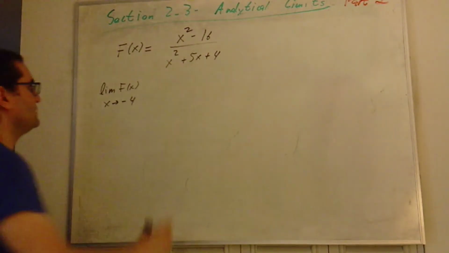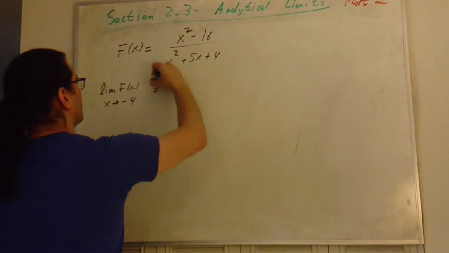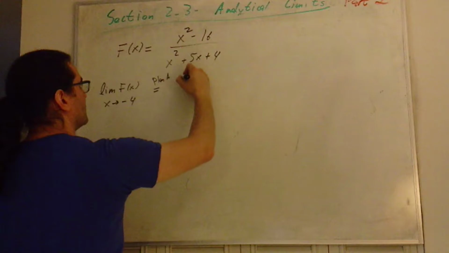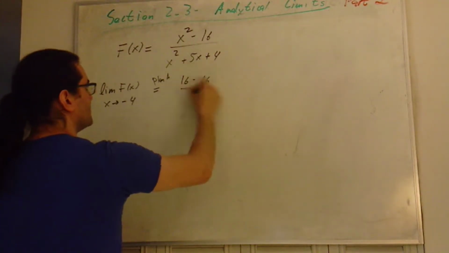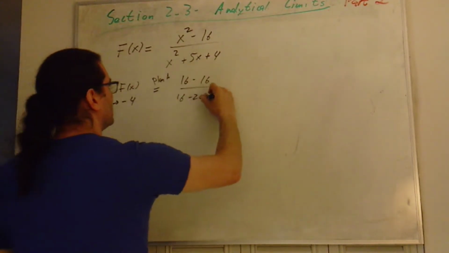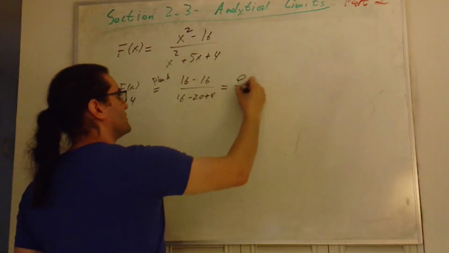We'll start with this one. Plan A means we're going to plug in negative 4, and we'll get 16 minus 16 over 16 minus 20 plus 4. This will give me a 0 over 0.